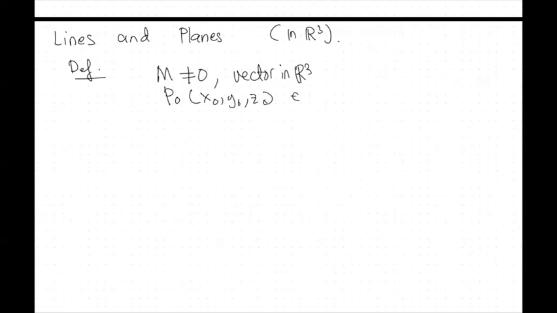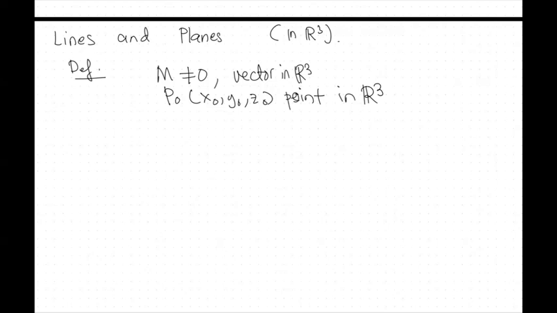So we go to lines and planes. We define M not equal to 0, a vector in R3, and your point, say (x0, y0, z0), is a point in R3.